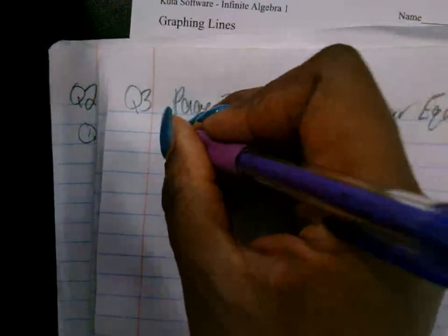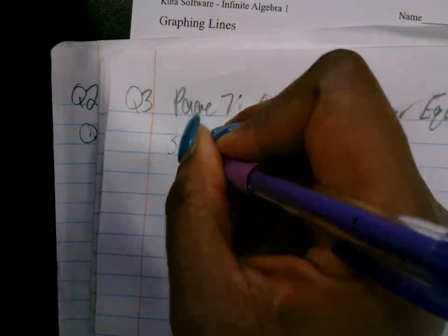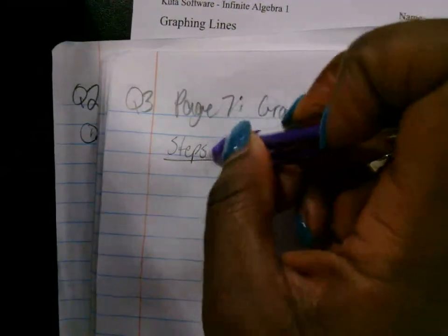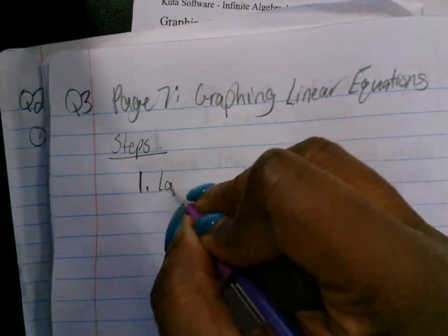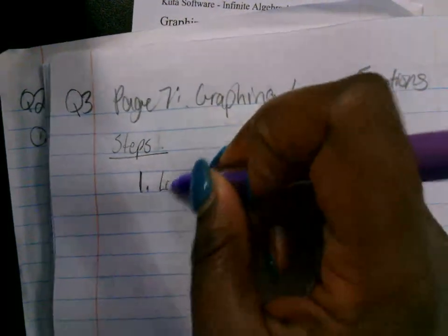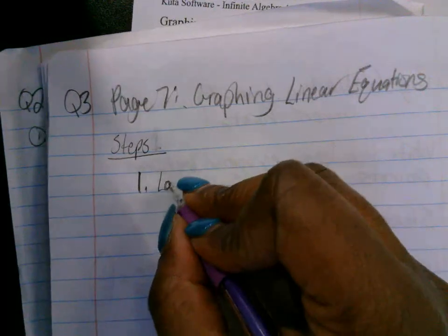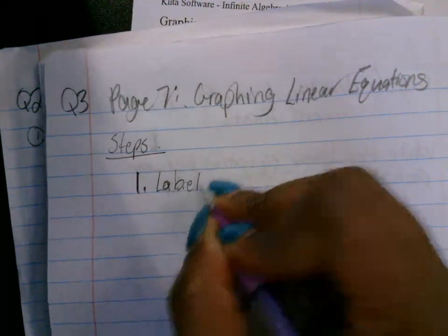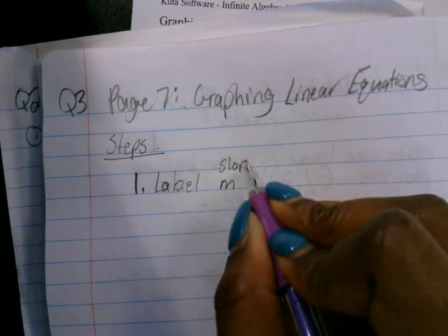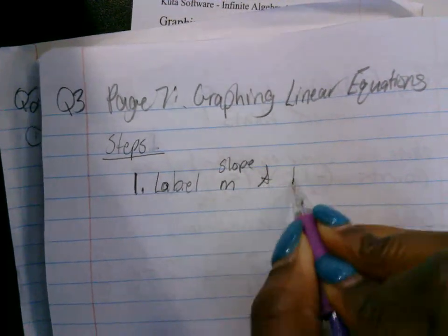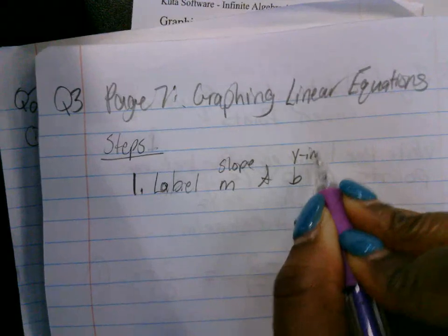All right, so these are your steps. Step 1: the first step is to label your M and your B. Label what your M is, label what your B is. M is the slope, B is your y-intercept.